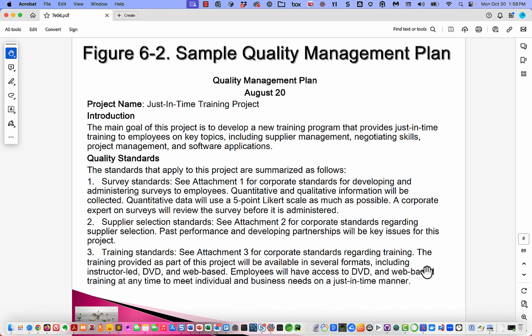So we have here an example of a quality management plan that was created for one of the cases that we've been following in the textbook, the Just-in-Time Training Project. And it includes an introduction, and quality standards. And the standards that they have here are survey standards because it involves a survey, supplier selection standards because it involves selecting suppliers, and training standards because it involves training.